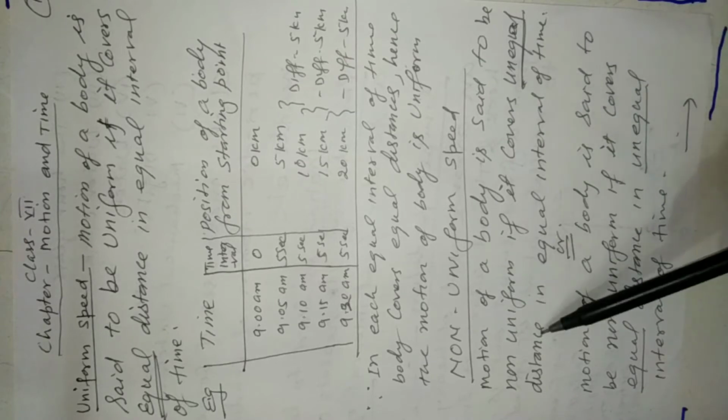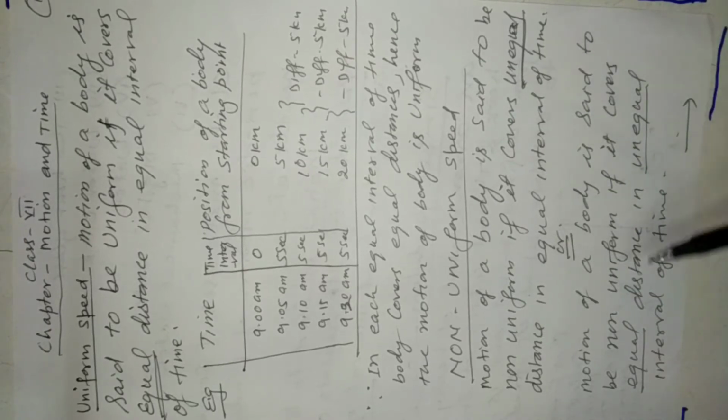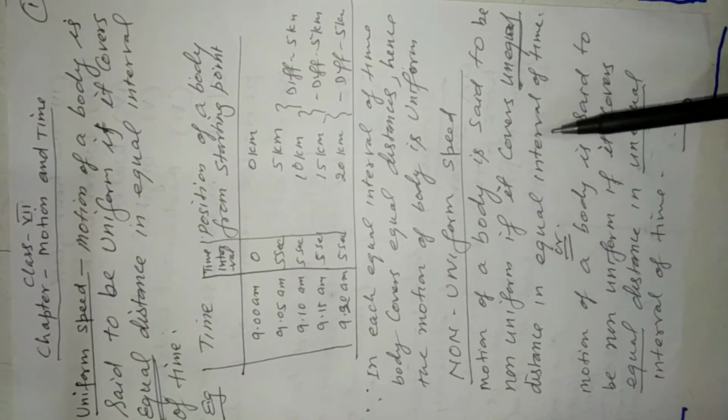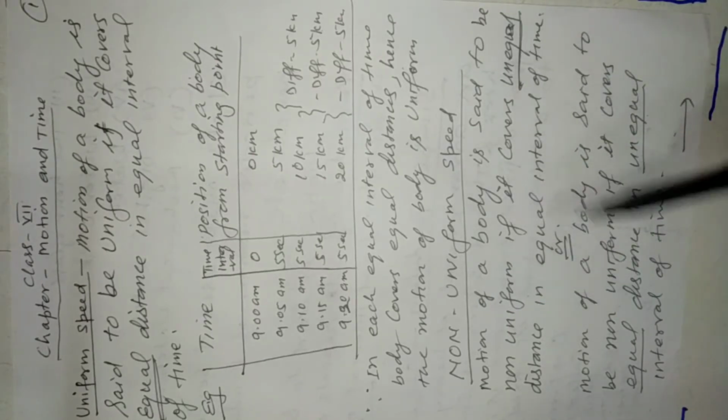Here unequal distance, equal interval of time. Here equal distance, unequal interval of time. Between time and distance, any one should be unequal.